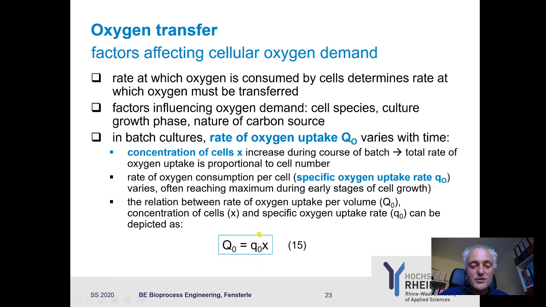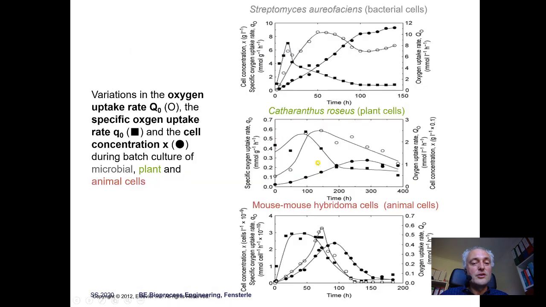However, the rate of oxygen consumption per cell itself, the specific rate, can also change, and often in early stages it's higher. If you look at curves describing that, you see curves for 3 different organisms: bacterial cells, plant cells, and animal cells.